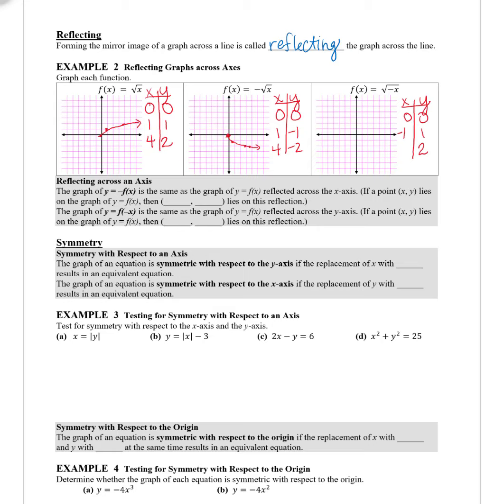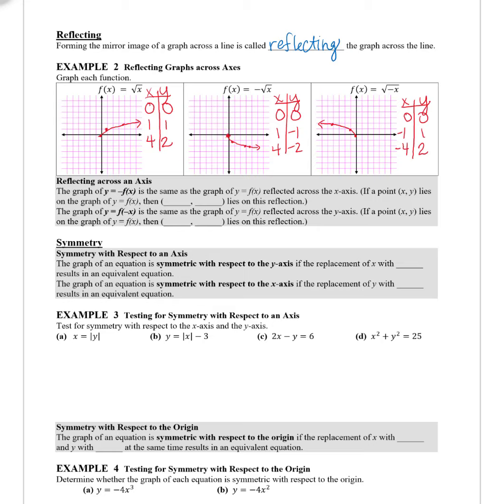And then the square root of negative 4 would give us 2. And let's plot these points.